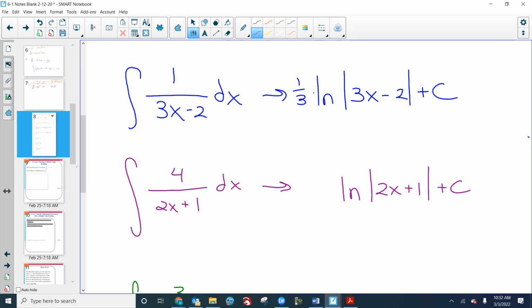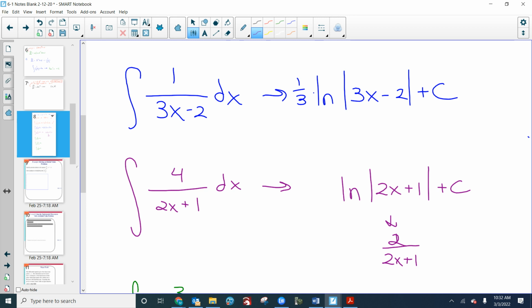Now here's what I would say. Get the root of the problem. The root of the problem is 1 over 2x plus 1. All right, so what's the derivative of this? 1 over 2x plus 1 times 2.